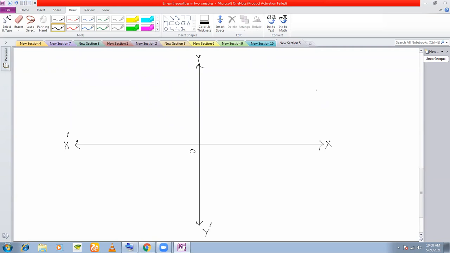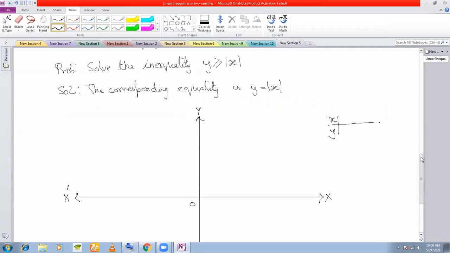How do you plot for mod x? You take the values x, y is equal to mod x. You take three values. So for x is equal to -1, y is equal to mod -1, which is equal to 1. So the corresponding value of y is 1. For x is equal to 0, y is equal to mod 0, which is simply 0.